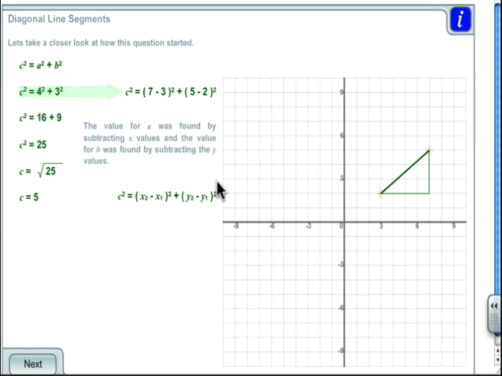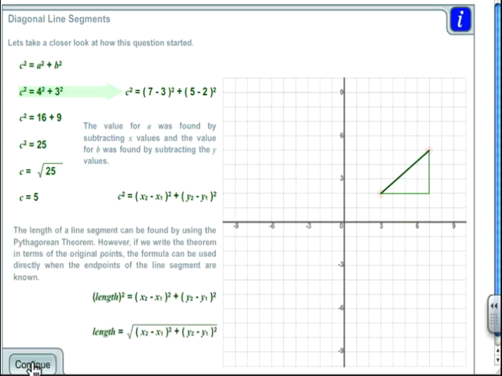So now we've expanded the Pythagorean formula into this slightly longer formula that concerns itself with our line segments. So instead of c, we'll call this length, because this is the length of our line segment.